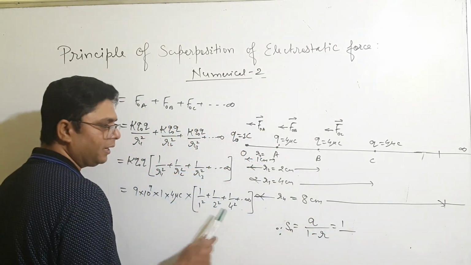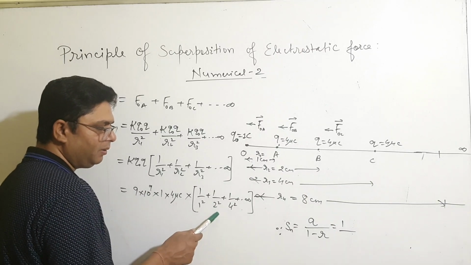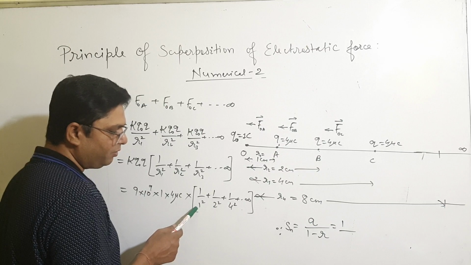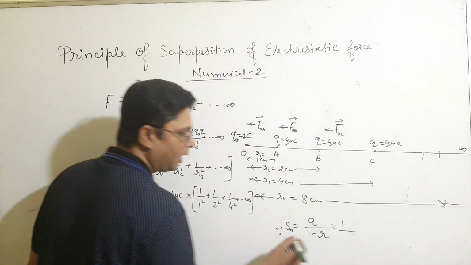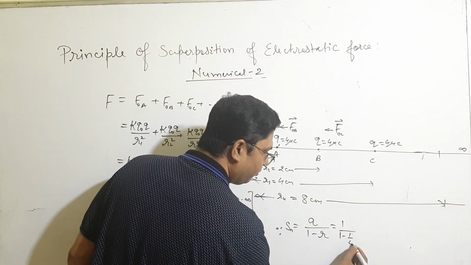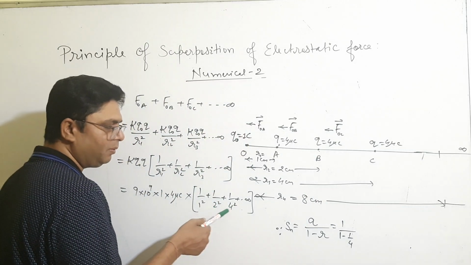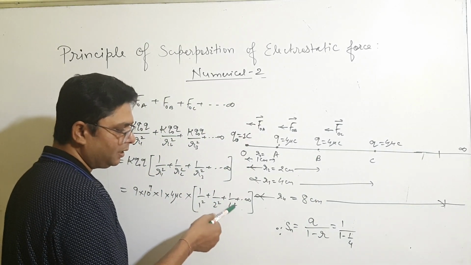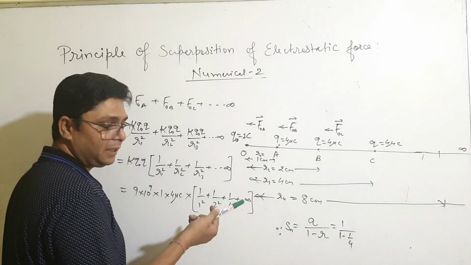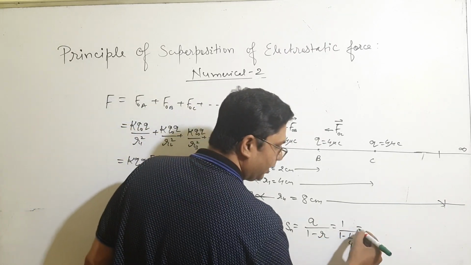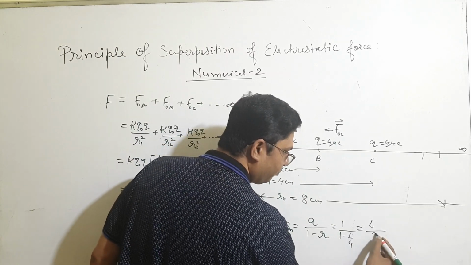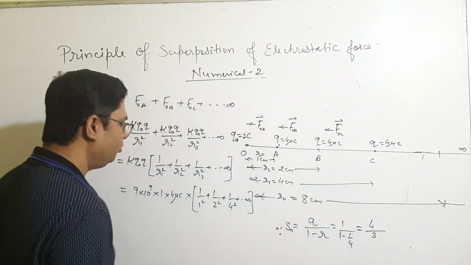What is R? R is the second term divided by the first term. So the first term is 1, the second term is 1 by 4. So R is 1 by 4, or you can say the third term divided by the second term. So the second term is 1 by 4 and the third term is 1 by 16. That ratio is again 1 by 4. So here you have 4, here you have 3. So you have 4 upon 3.